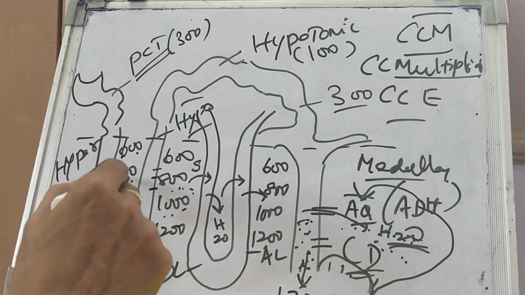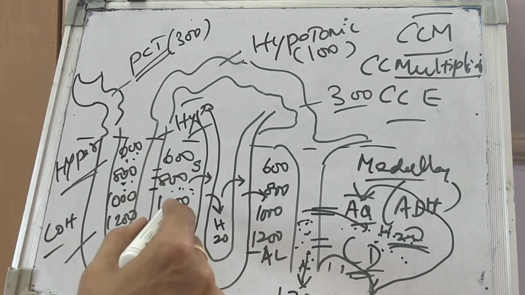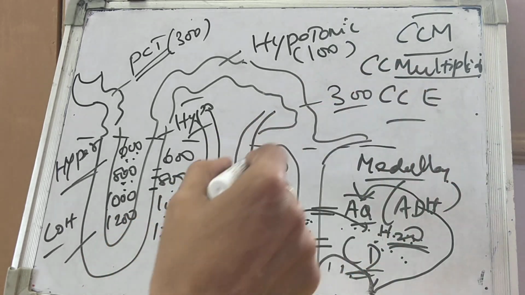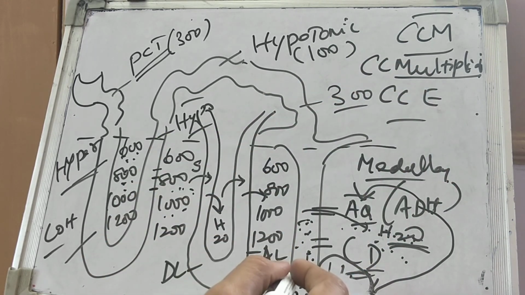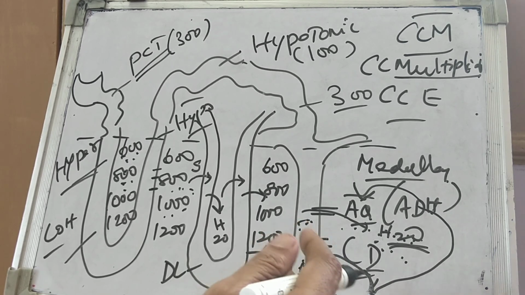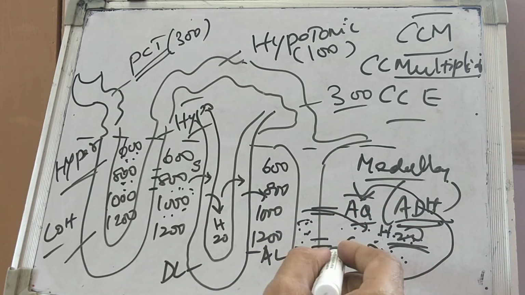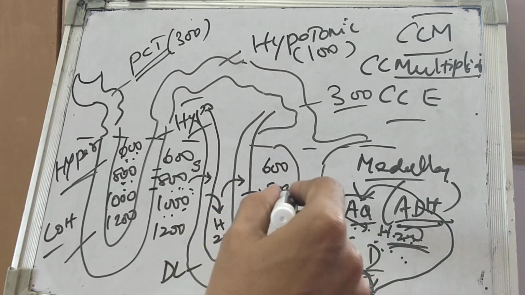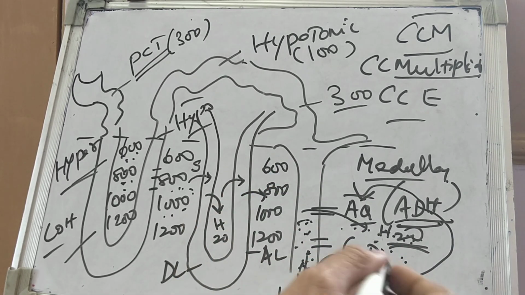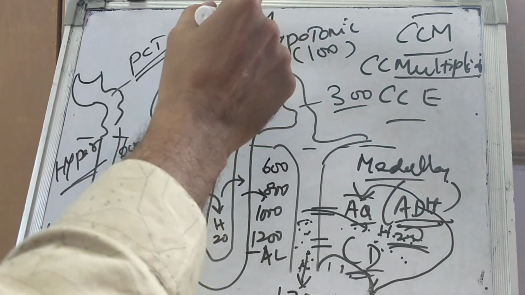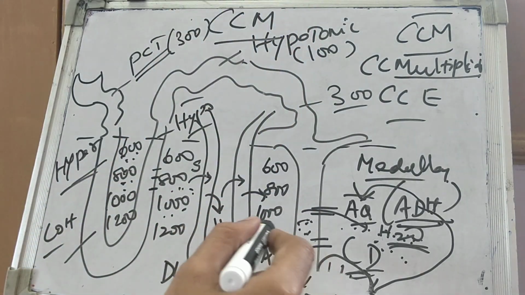So a high osmolar medullary interstitium is created, and this is maintained by the countercurrent exchanger. And here you have to remember two factors for concentration. One is the antidiuretic hormone and the other one is the high osmolarity of the medullary interstitium. So this is the summary of the countercurrent mechanism. Thank you.